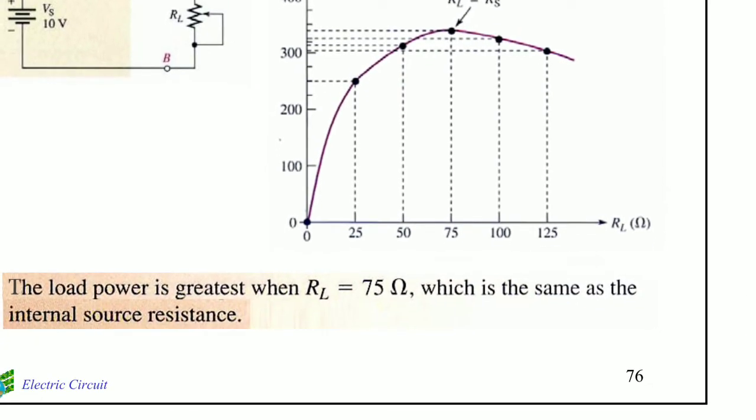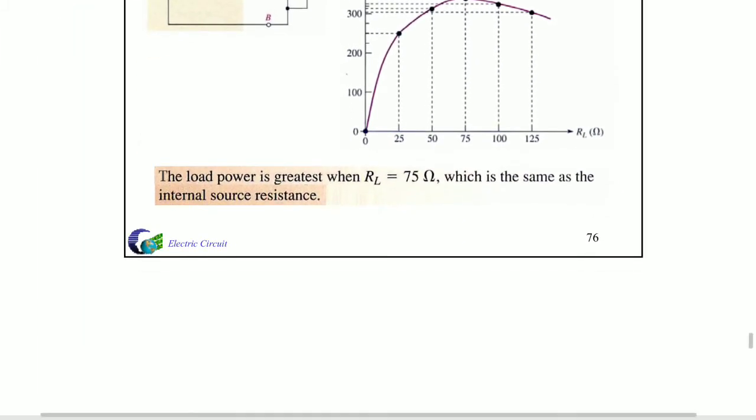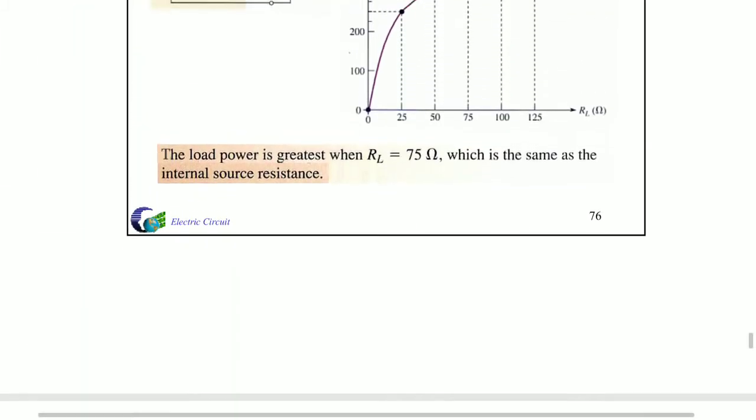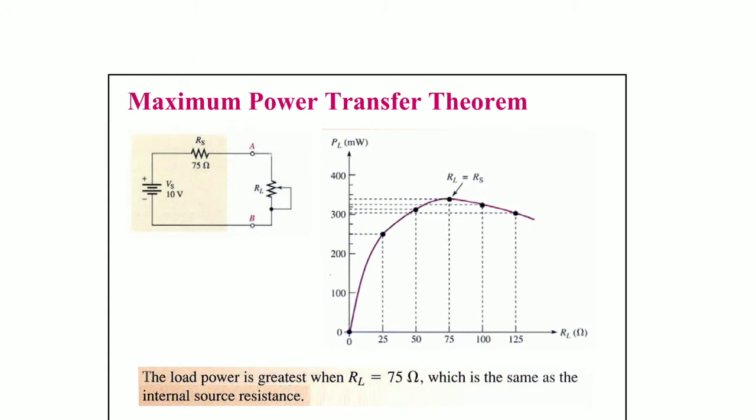Here the load power is greatest when RL is equal to 75 ohms, which is the same as the internal source resistance. So by observing this, we can see how the power is changing with respect to the load.